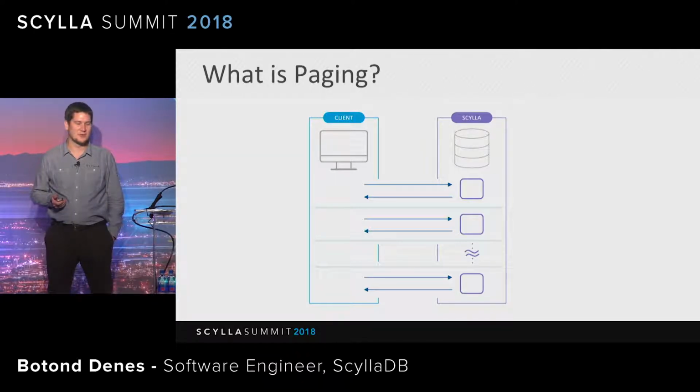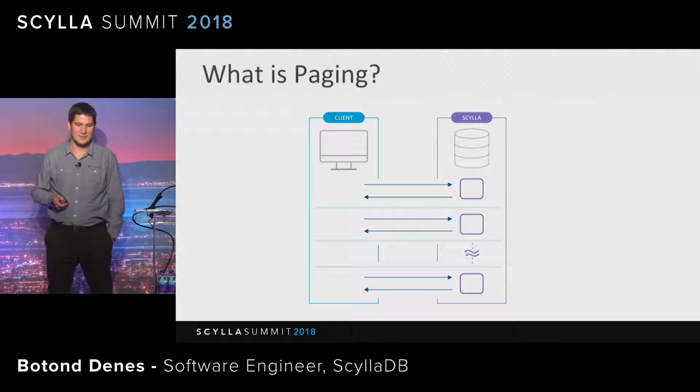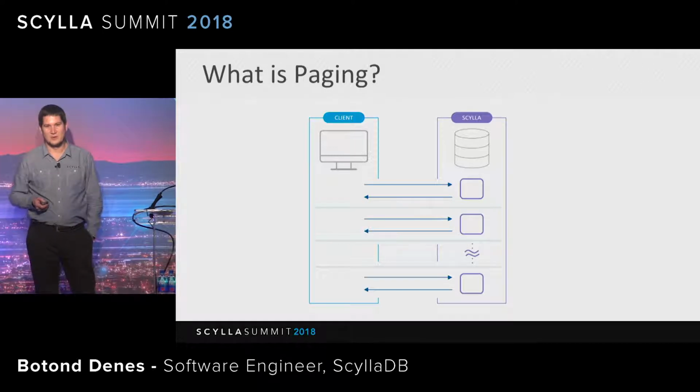It can fill up your memory or hog the CPU or the network. In extreme cases, it can even cause denial of service. So to avoid these problems, Scylla and also Cassandra use paging. That is, it reads and transmits the results for a query in limited size chunks that we call pages.